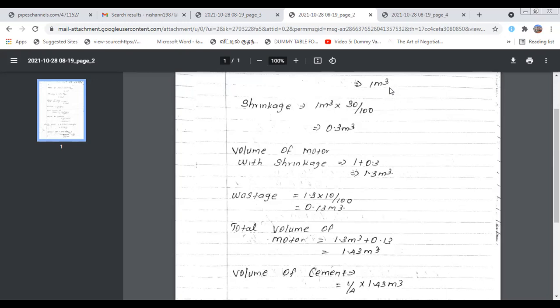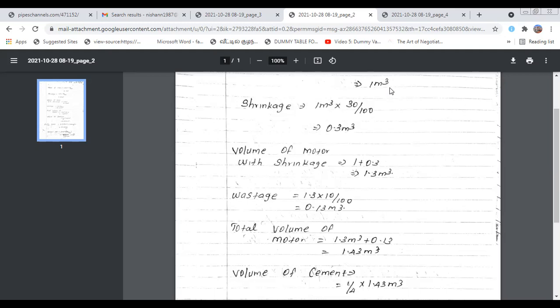Wastage, we are calculating for the wastage: 1.3 into 10%. Okay, 1.3 into 10 over 100 equals 0.13 meter cube.